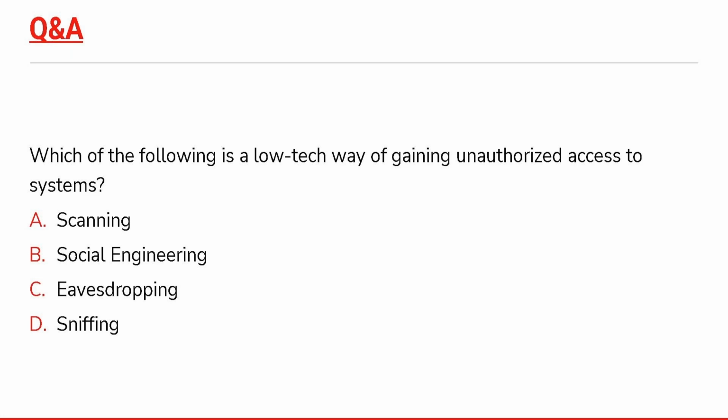For that we use different tools that help us get that information. So the correct answer is option B, social engineering, a low-tech way so that we are able to gain access.